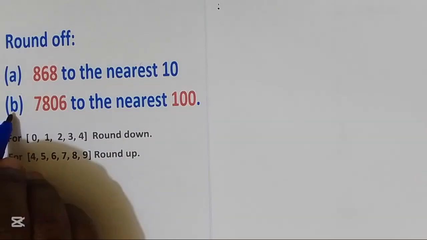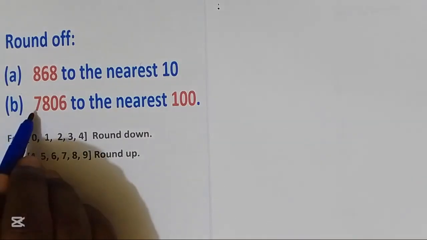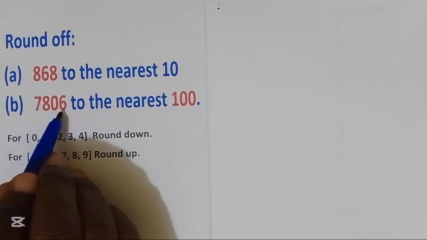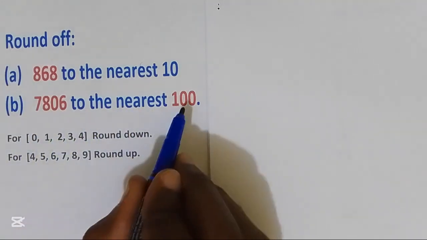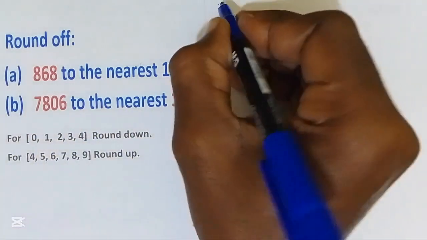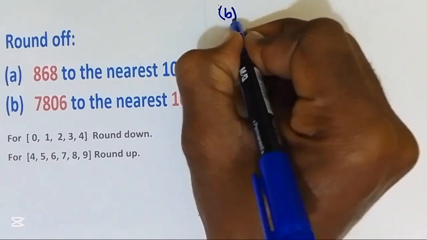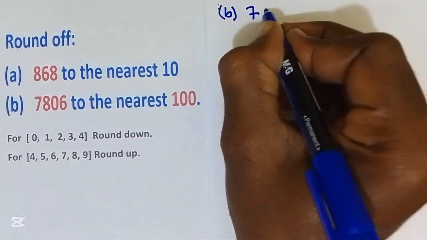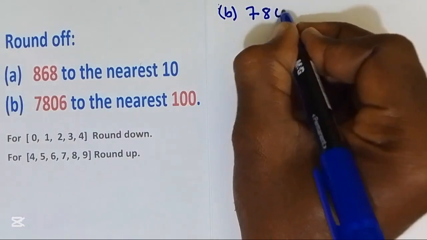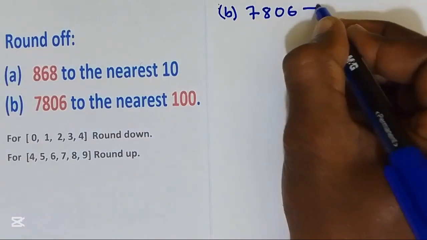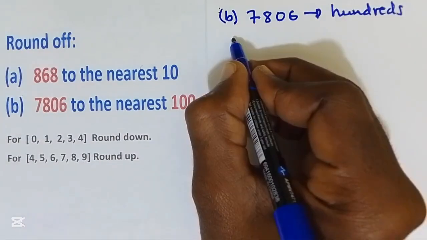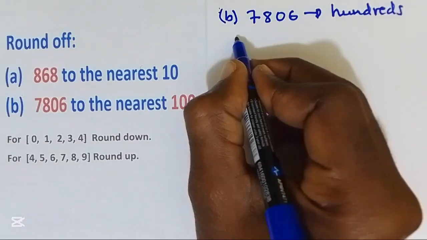Let us do part B. We need to round 7,806 to the nearest hundreds. First, we are going to underline the digit.